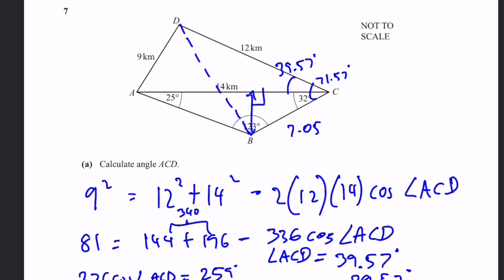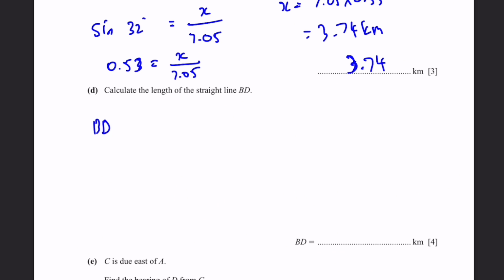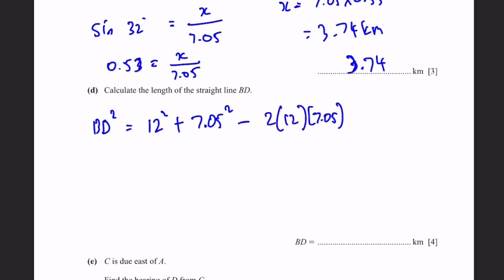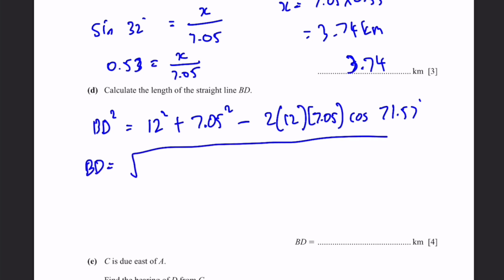So you can use the cosine rule to find the last one. Because the angle is opposite to the side, we know that this side is the one we need to find. So BD squared is equal to 12 squared plus 7.05 squared minus 2 into 12 into 7.05 into the cos of 71.57 degrees. So BD is equal to the square root of the full thing.